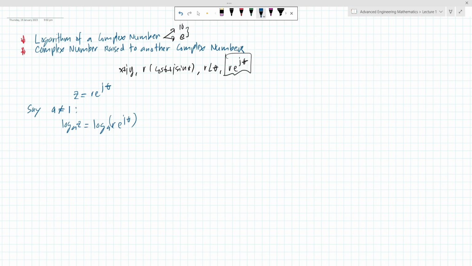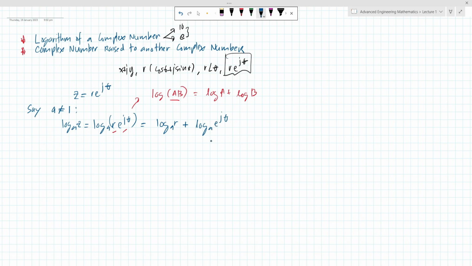Recall the property of logarithm: if we have a product, log of ab, that will become a sum, log of a plus log of b. You can consider our a here is r and our b is e raised to j theta. So we can write this expression as log of r to the base a, plus log of e raised to j theta to the base a.